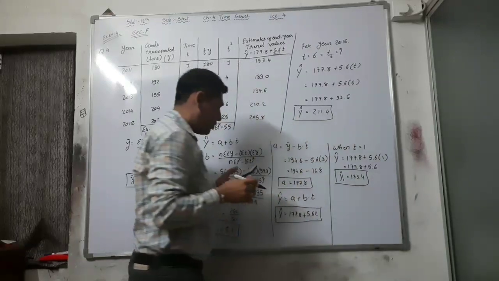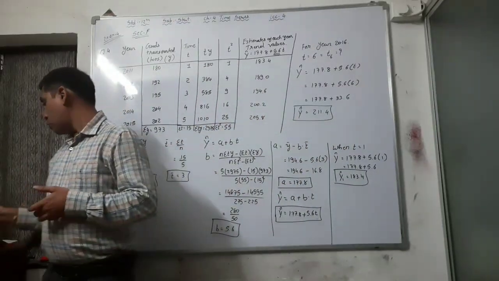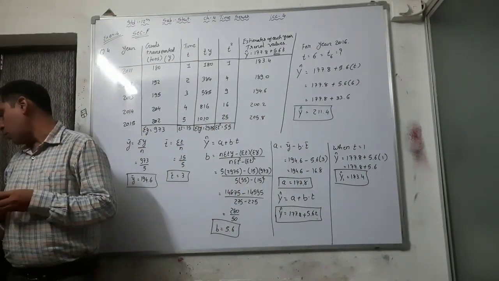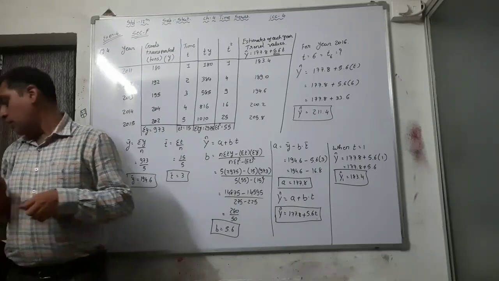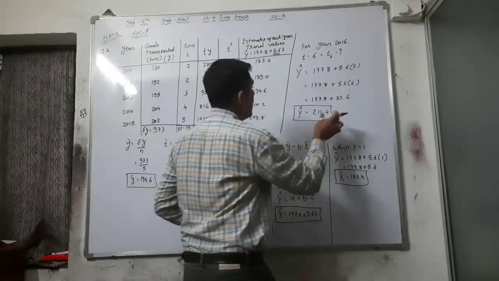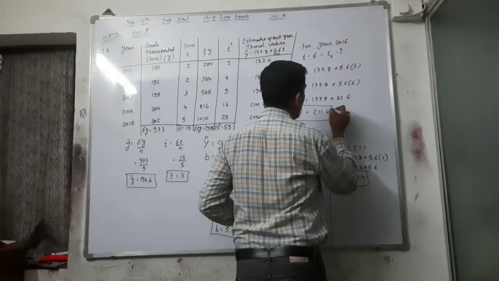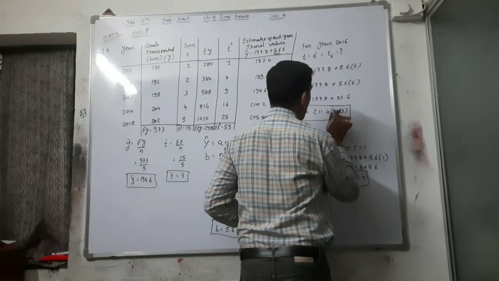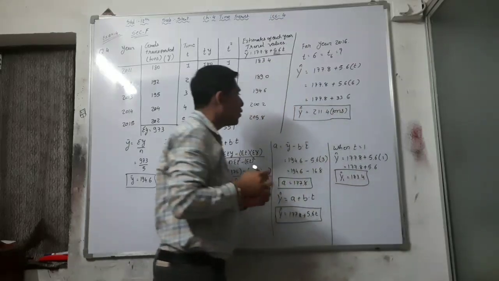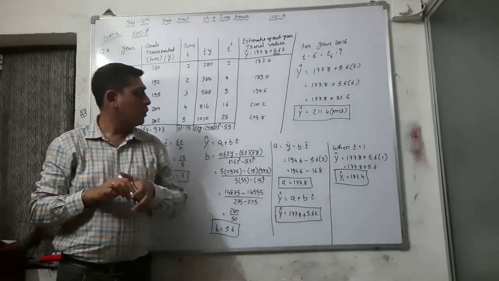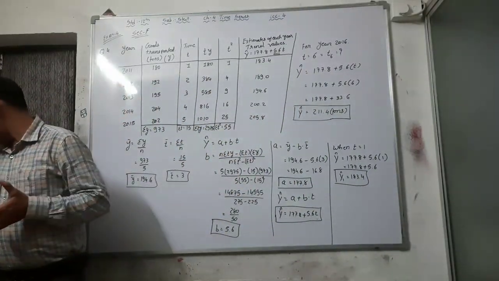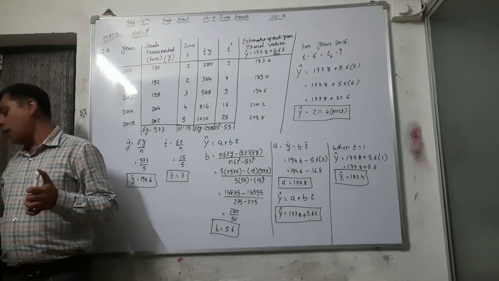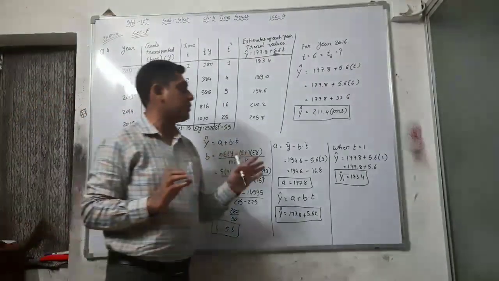Here is the estimated value for the year 2016. Your answer is in tons, that's why we are writing here 211.4 tons. Okay, so here your sum is complete.